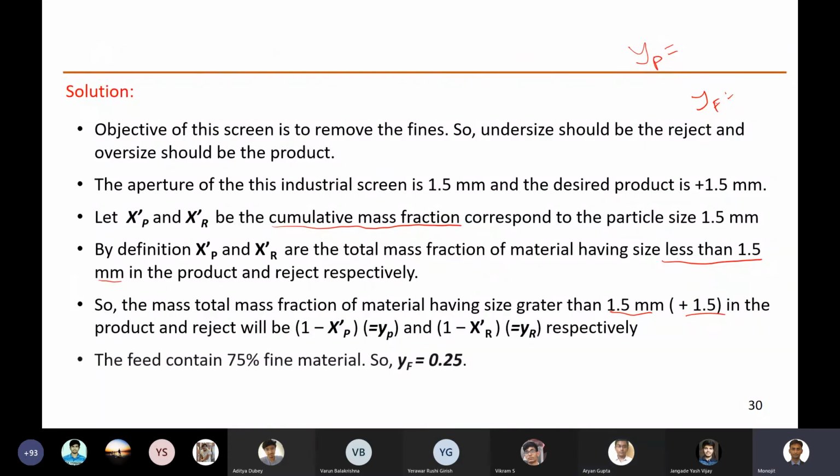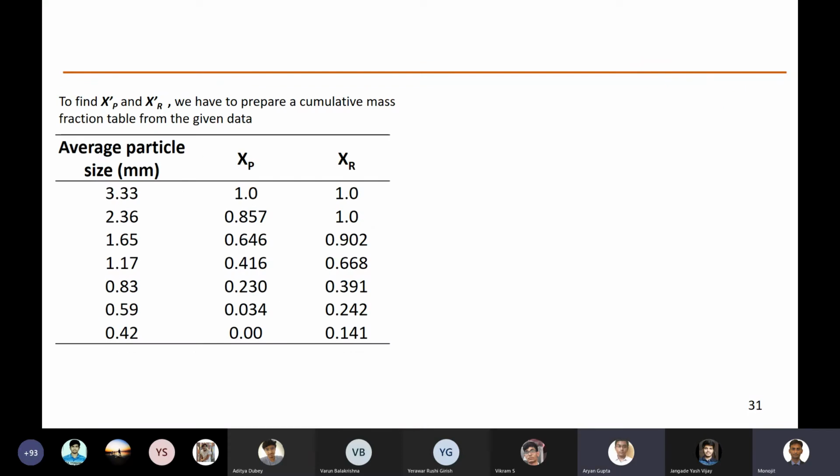And if we do that, we will get a table which would look something like this. Because I had defined the cumulative mass fraction function XP for product and capital XR for reject. So you will get something like this if you start from the bottom and go up to the top. Obviously, the top one will always have 1.